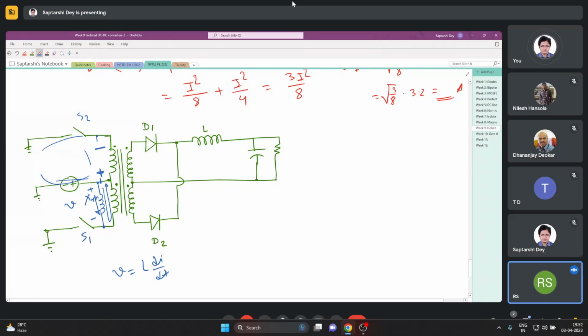This current was stopped, but this current keeps circulating, so this induces a voltage here, and that pushes the stored energy back to the source. This way also we can explain, I believe. This polarity is clear, no? How I got this will be plus, this will be minus. Yes, got it.